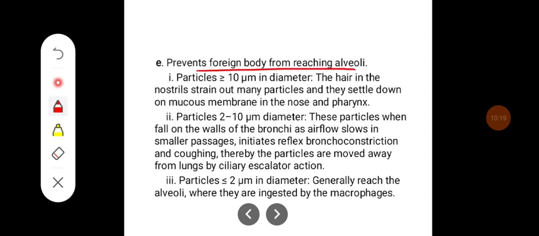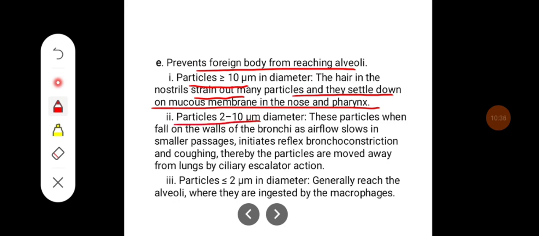Prevents foreign bodies from reaching the alveoli. If the particles are more than 10 microns in diameter, the hair in the nostrils strains out many of such particles and they settle down on the mucous membrane in the nose and pharynx.